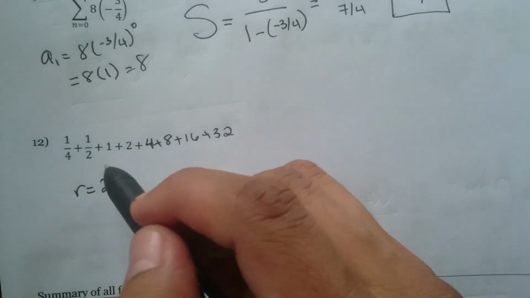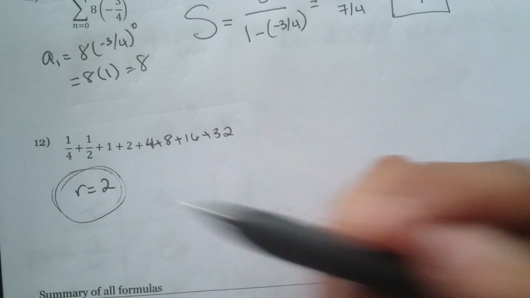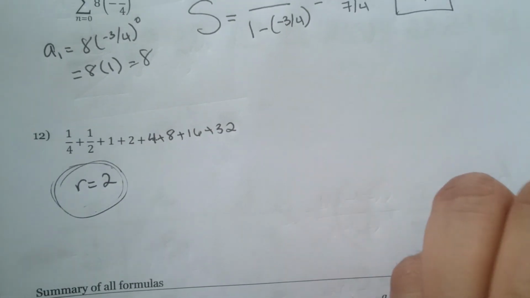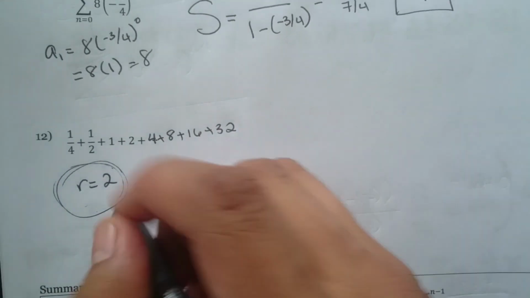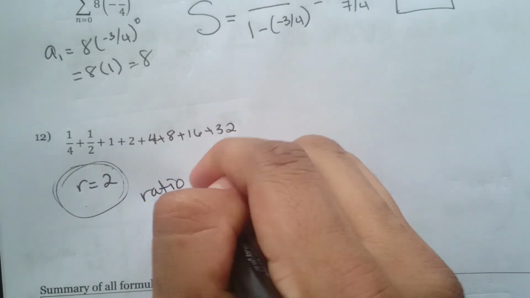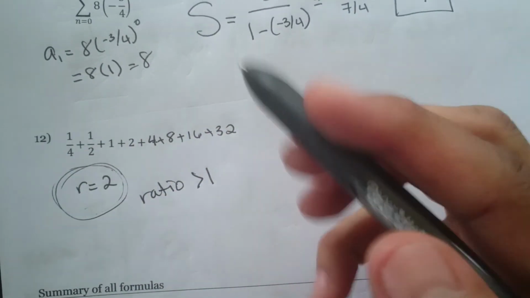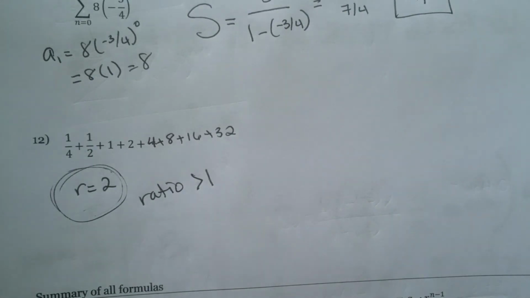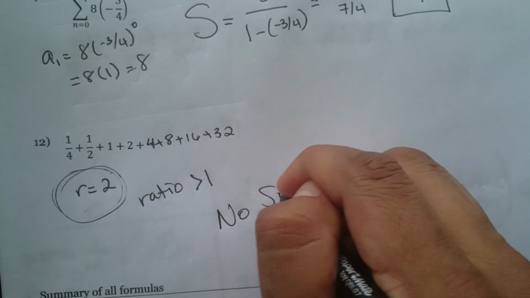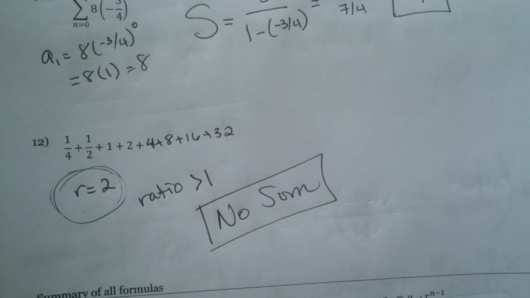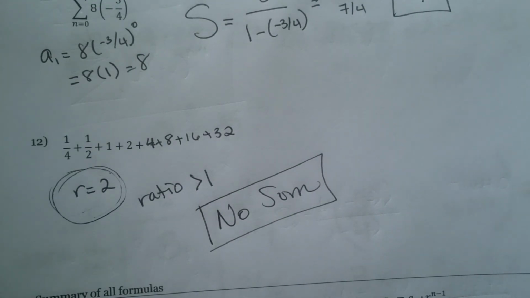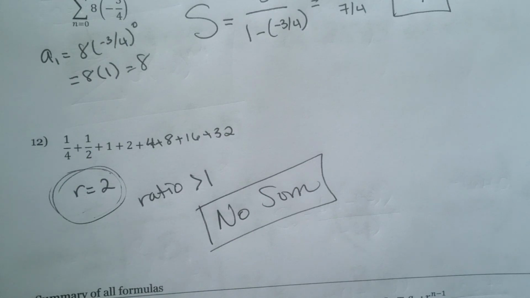No. So what you needed to realize is that the ratio is bigger than 1. Well, if the ratio is bigger than 1, the sum is undefined, or what we usually like to say is that it has no sum. Okay. So again, what's very important to understand is that if the ratio of an infinite geometric series is bigger than 1, it has no sum because you keep adding bigger and bigger and bigger numbers.